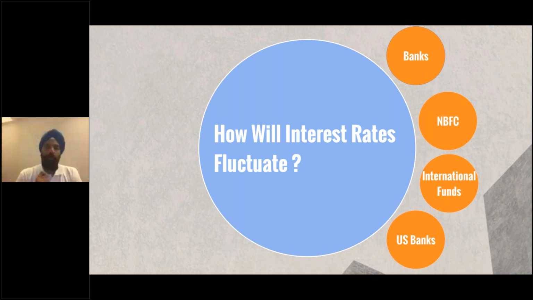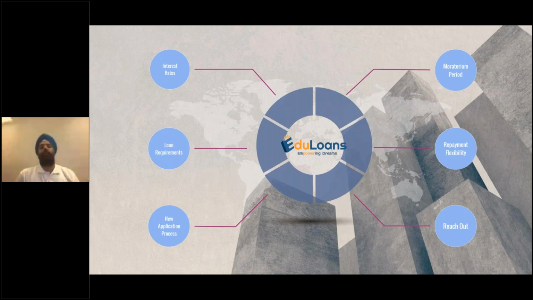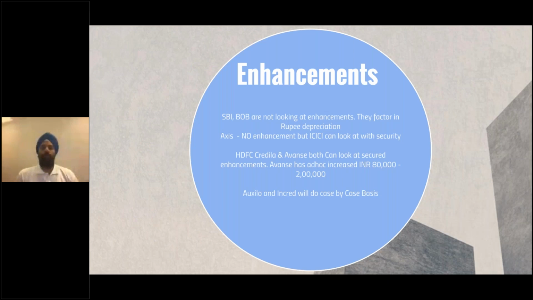Now, all those students who until last year thought they could manage without a loan, looking at the current situation, summer internships are going to be hard to find because the overall country is in a lockdown.